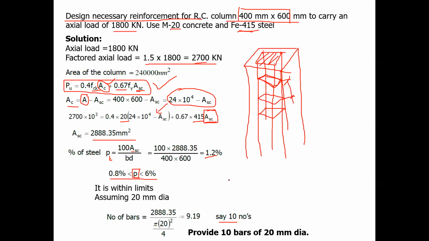So after this, what you have to do? You have the reinforcement and you have the dia. Then what is the next step you have to follow? Lateral ties, right? Take down. Lateral ties greater of the following.